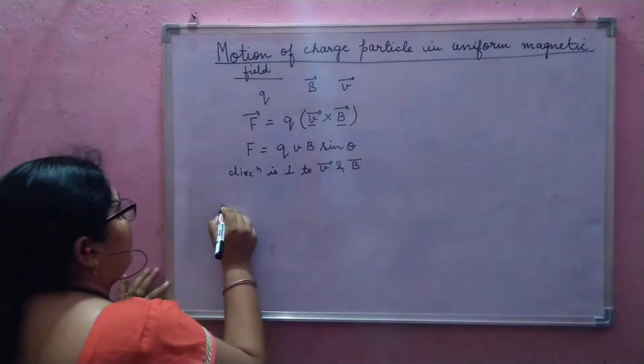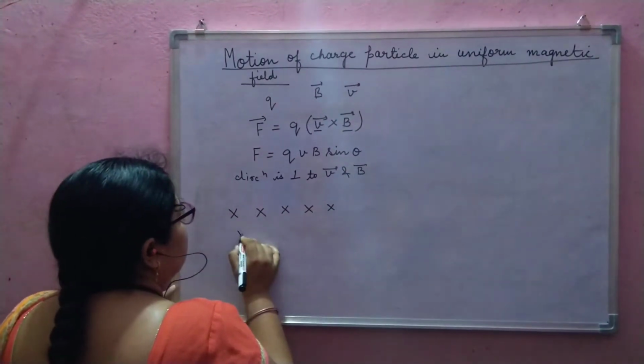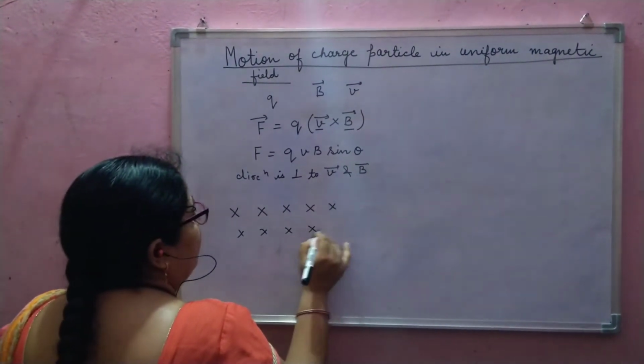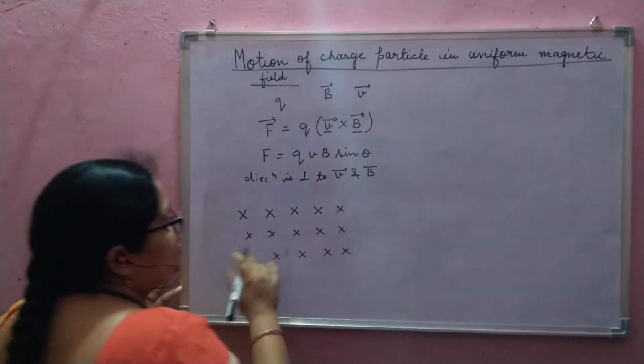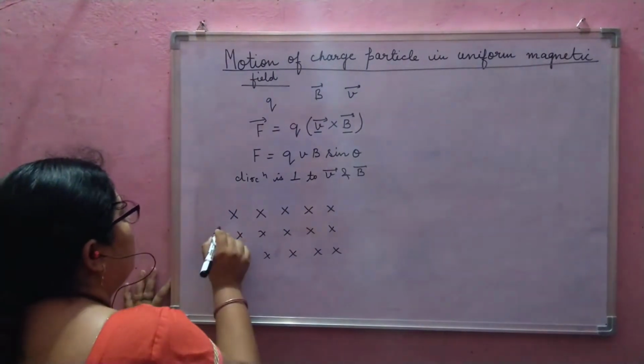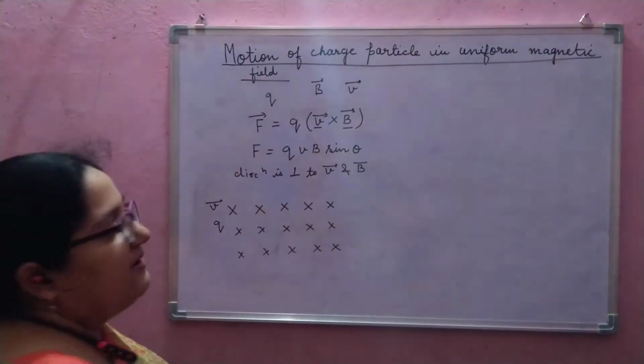So suppose we have a magnetic field perpendicularly inward. We will represent this magnetic field like this. This is a magnetic field in which the charged particle Q is moving with velocity V. Now three cases arise.